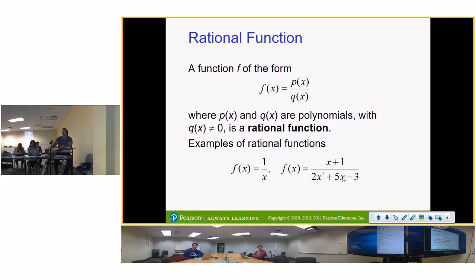So let's go ahead and, there's the rational function. What is a rational? It's a fraction. Now remember, when is the domain affected? In a radical or a rational. The domain here is going to be affected because what can you not have in the denominator?